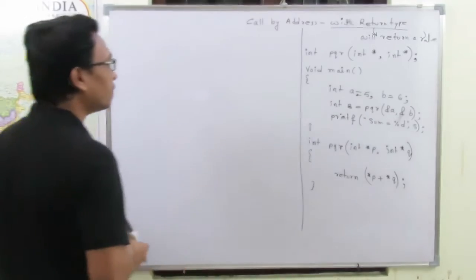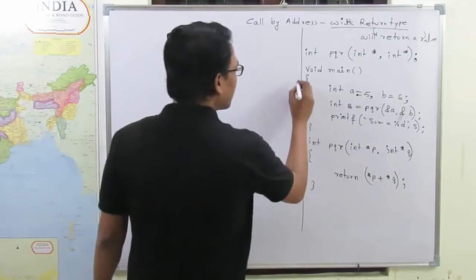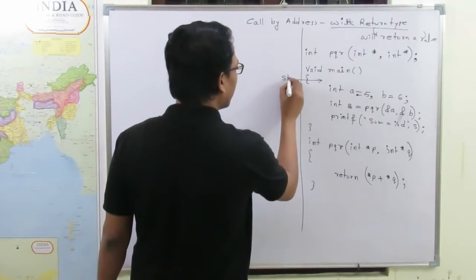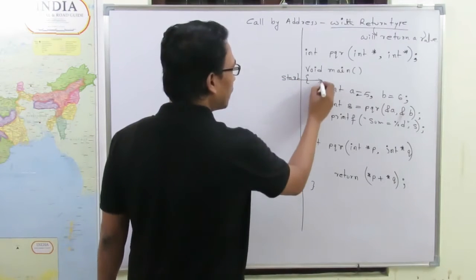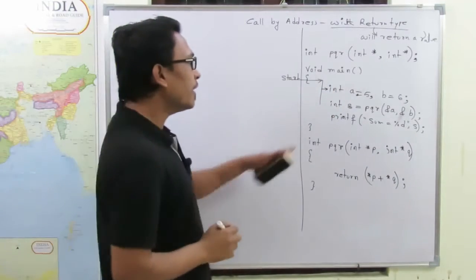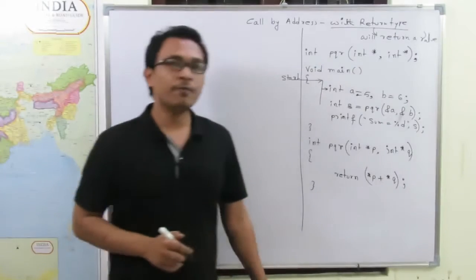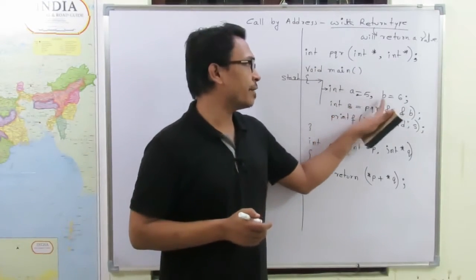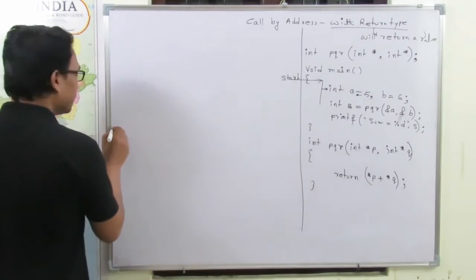The system starts working from the entry point function, that is the main function. Here execution of the program will start, and the first statement it encounters is a variable declaration statement. So the system first declares two variables of integer type, A and B. So let's do it.